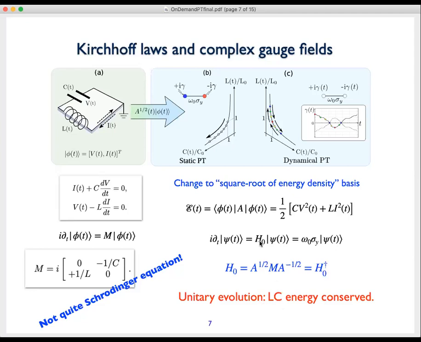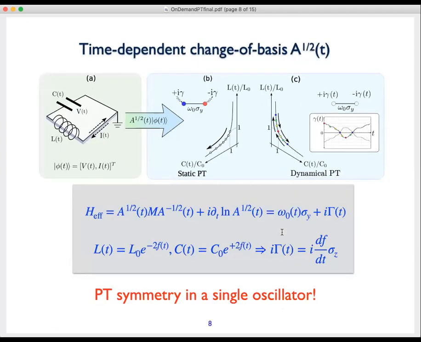Now what I want to do, and which is where this becomes relevant, is the following. I want to change the capacitance and change the inductance, in other words, change the matrix A with time. And I want to do it in such a way that the product LC remains constant, so the frequency of this LC circuit doesn't change.